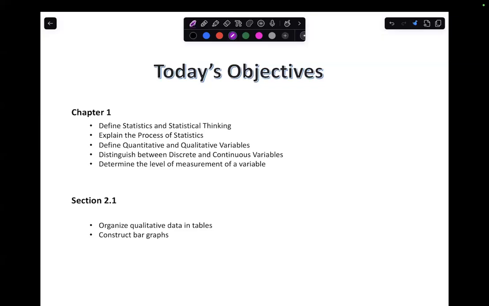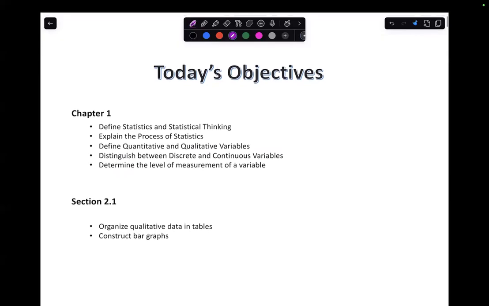But after tonight, you'll be able to do the chapter one homework, which is required for your attendance. We're also going to construct bar graphs today. So that's today, and we will do the lab on Thursday. I'll walk you through that, and I will talk about what kind of data you need for the lab at the end of this class.